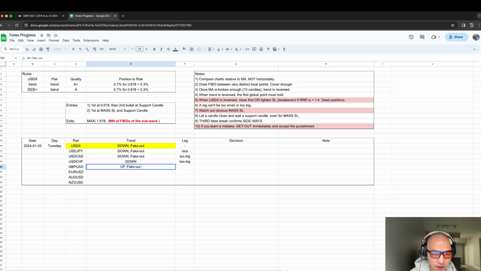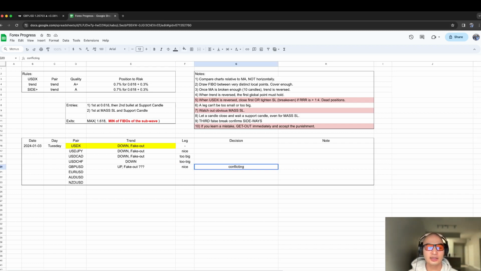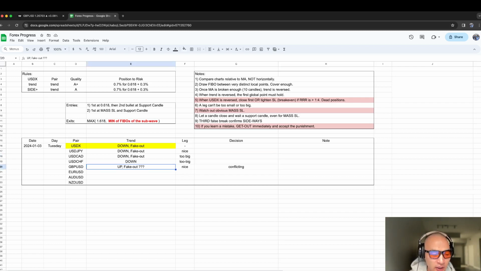So I'm just going to put a question mark on that. Nice. But here it's conflicting information, so I'll just put conflicting. Until I am absolutely confident on the trend in the pairs and also the dollar index, I'm not going to trade. So I will not trade pound USD for a few days.